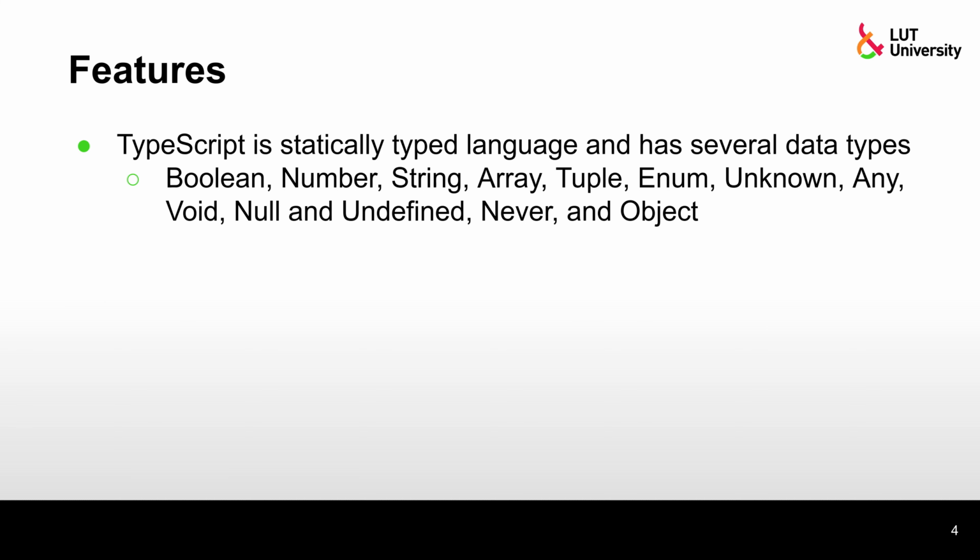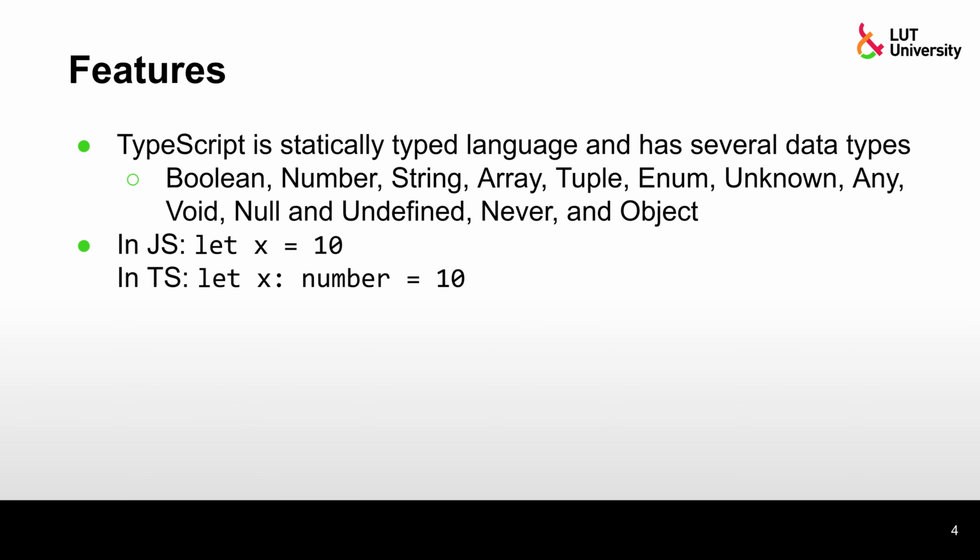Some of them are already familiar from JavaScript. So we had booleans, numbers, strings, arrays, objects. But there are some like tuple, enum, unknown, and any that were not in JavaScript, but they are data types, property types in TypeScript.